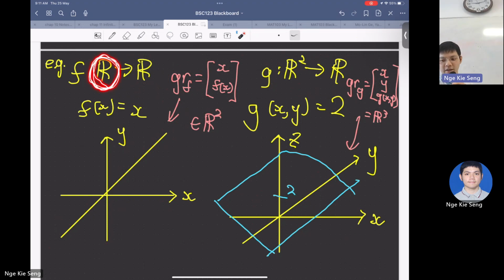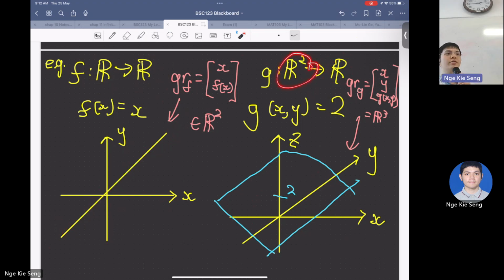Can you understand this? Now I want to give you a concept: what is the domain? You look at the domain. This function tells you how this domain sits inside the total space. For example, this f here is taking the whole real line and sitting inside R2. So how does this line sit inside here? It sits as a diagonal line. How about a function from R2 to R?